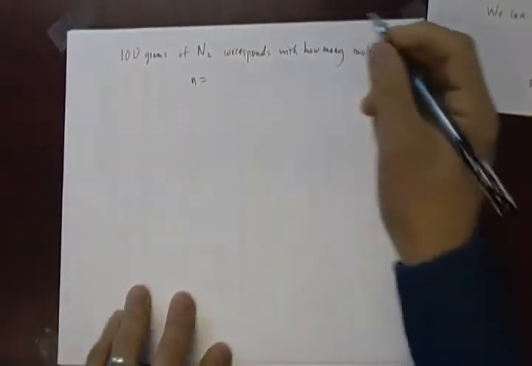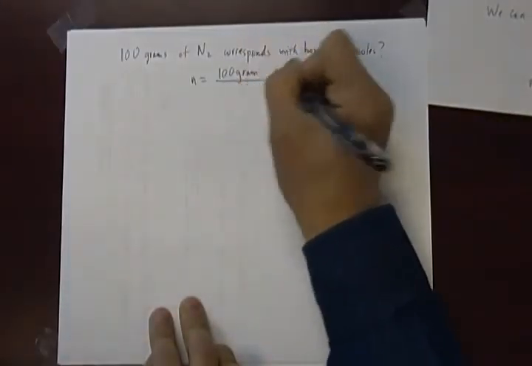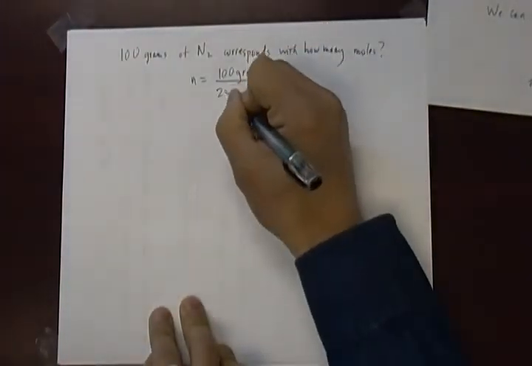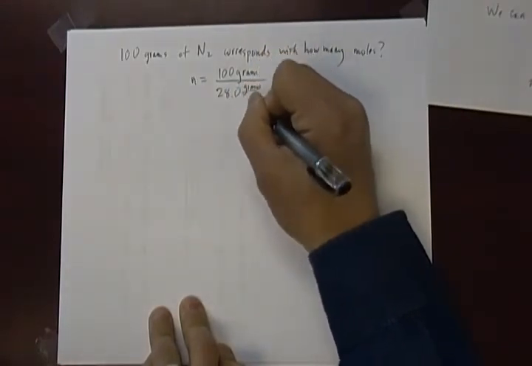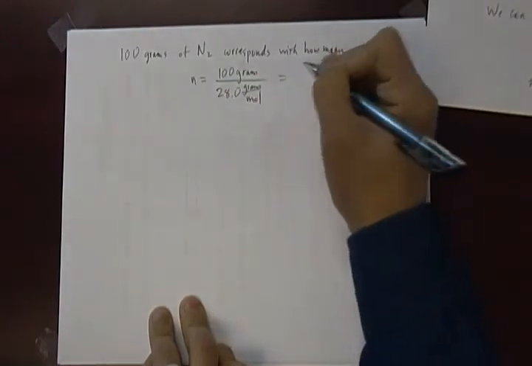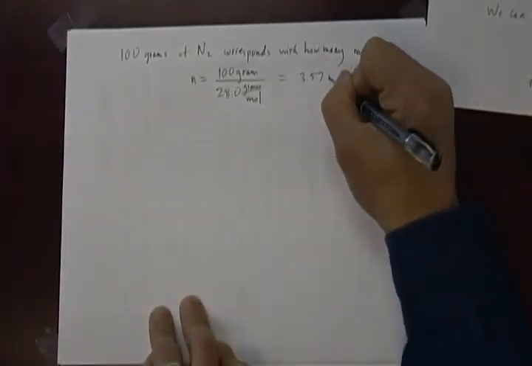So we can calculate the number of moles by just taking the mass and then dividing by the molar mass, grams per mole. So 100 divided by 28 is something like 3.57 moles. Okay? Alright, if you have a question about this, please send me an email.